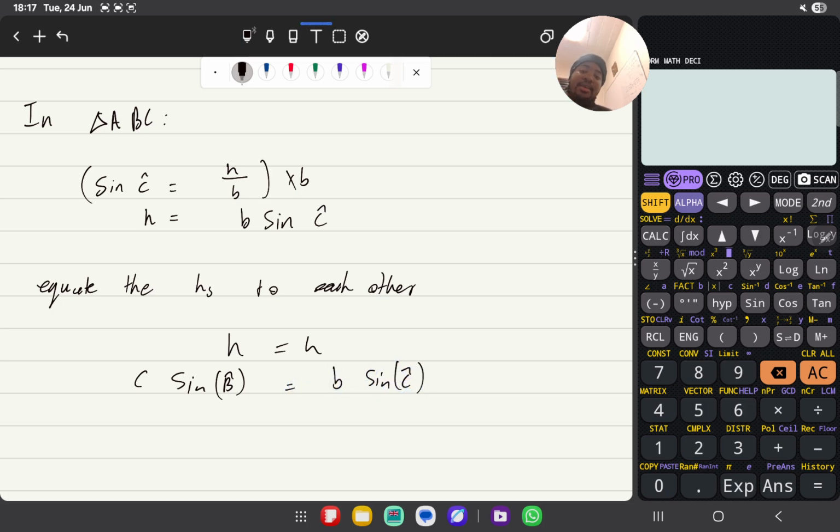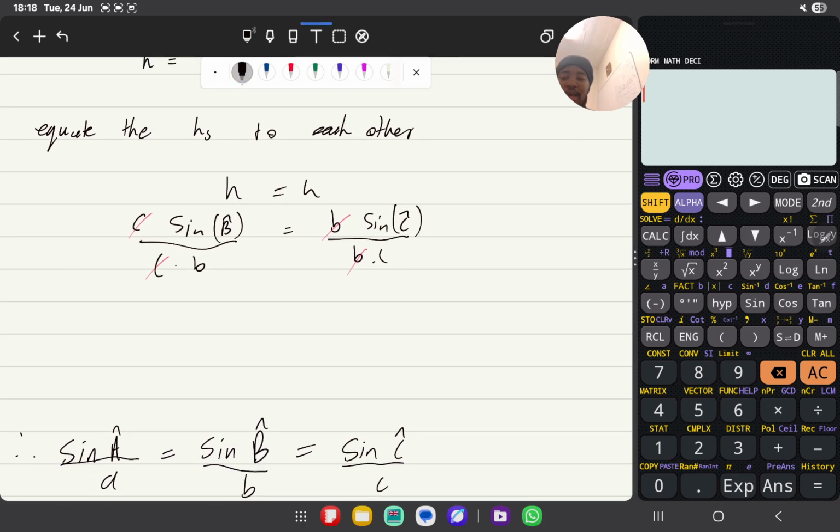All right, and then here let us divide by B, and let us also divide by C. By that you can already see the B's and the C's cancel.